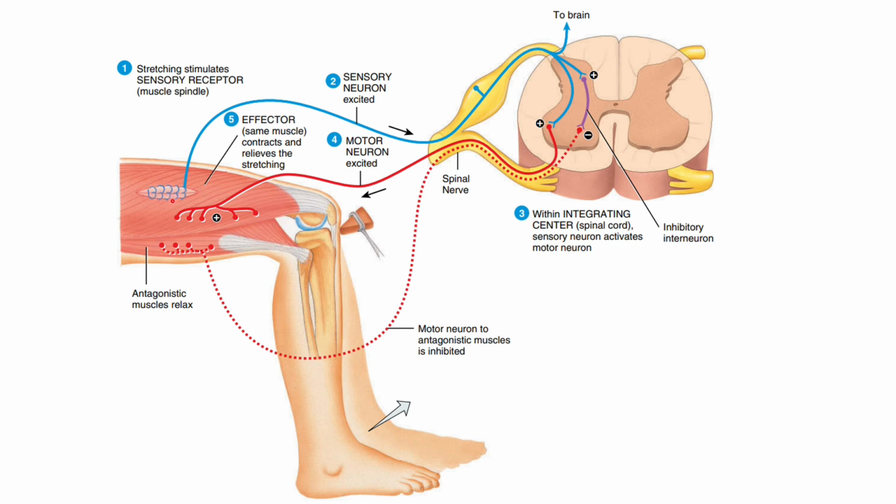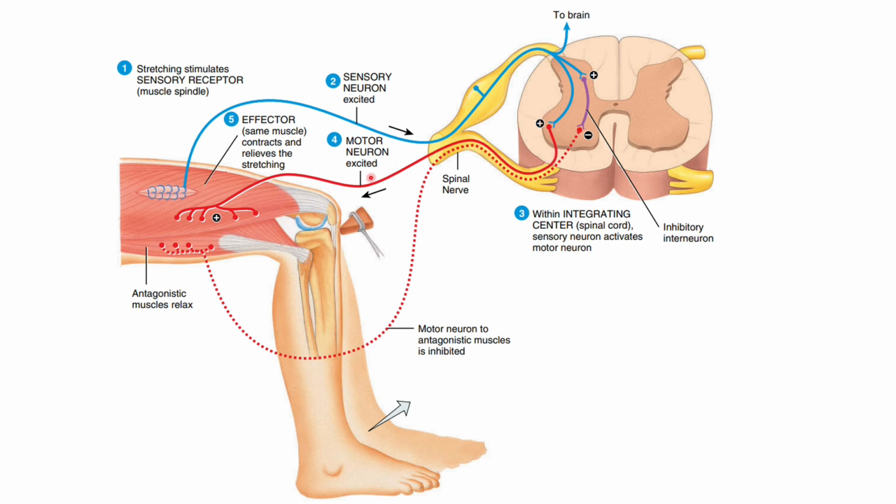That will activate specific receptors in the bulk of the muscle, called stretch receptors or the muscle spindle. That signal will be sent through the sensory neuron, the one in blue, and it will enter the central nervous system, the spinal cord. And it will synapse immediately with a motor neuron.